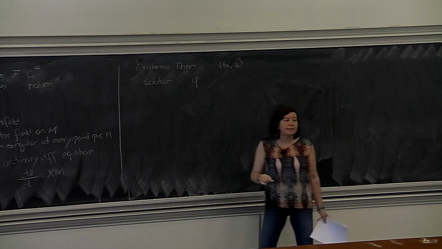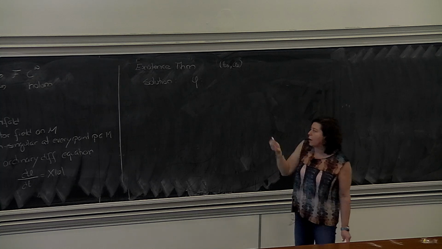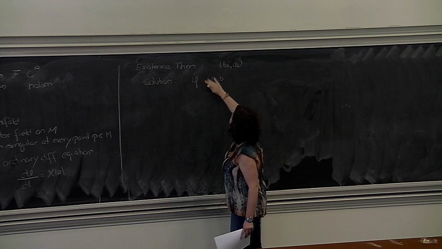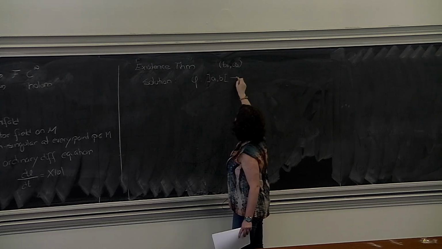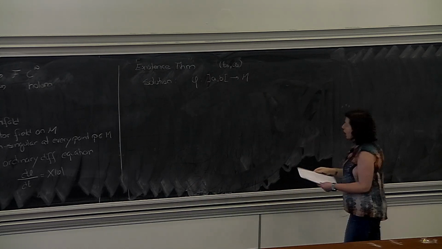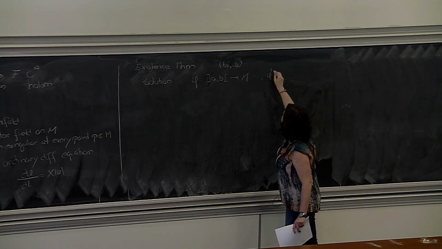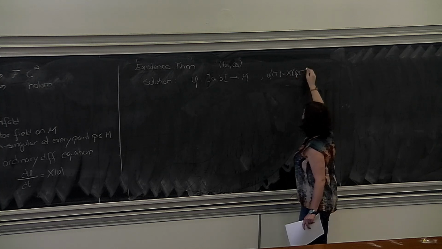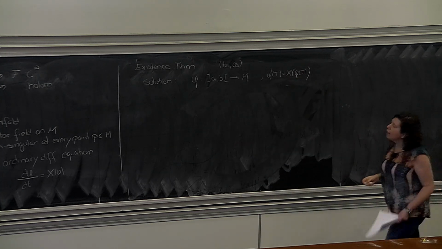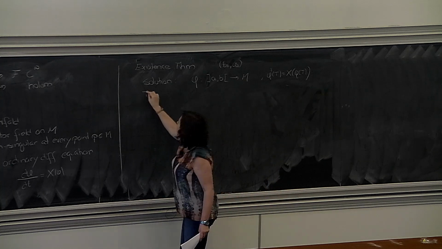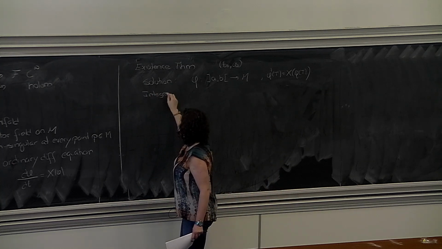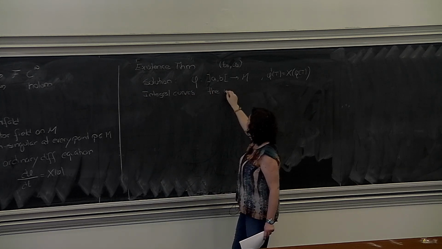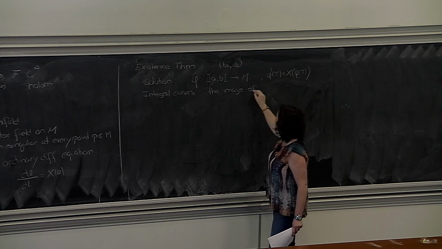In the case that we are considering smooth manifolds and t is real, it is defined on an interval (a, b) into M, satisfying phi prime at t is X at phi(t). And we'll say that the integral curves are the image of phi.